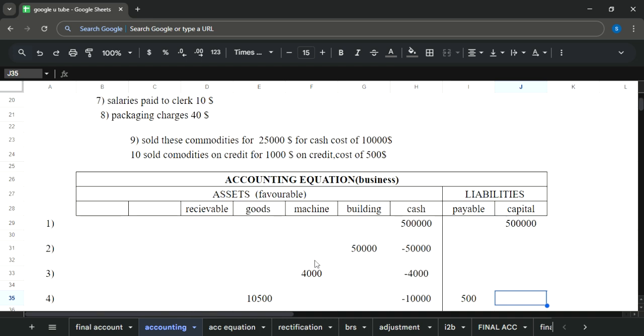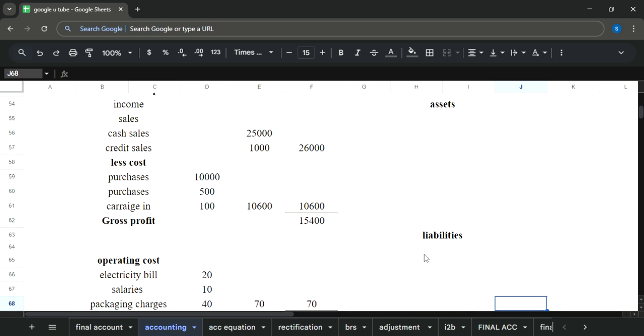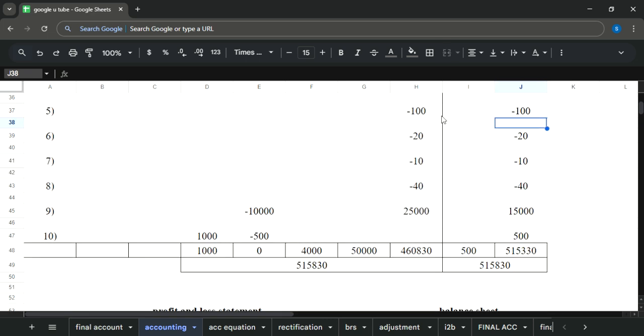Here the first thing you have seen, the amount of cash. This is your asset and total of this asset we have calculated 460830. This is your cash amount. So just write down your cash amount over here in first column, amount of which was 460830.